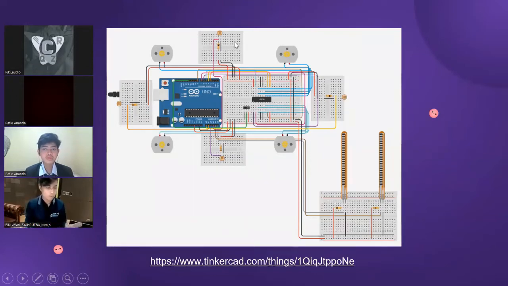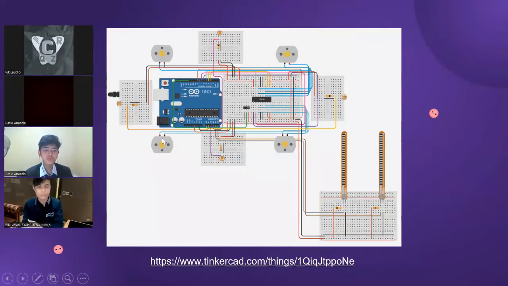When the value of the front sensor is higher than all of the other sides, it will go forward. But if the back sensor has a higher value than any other sensor, it will go backwards.